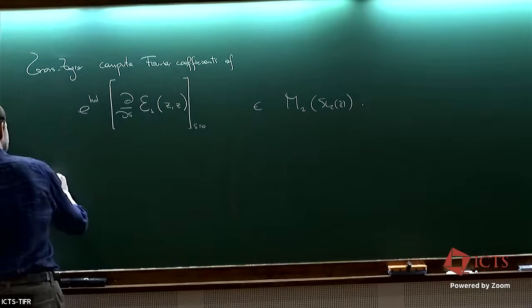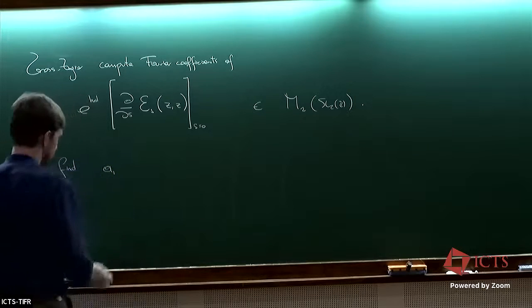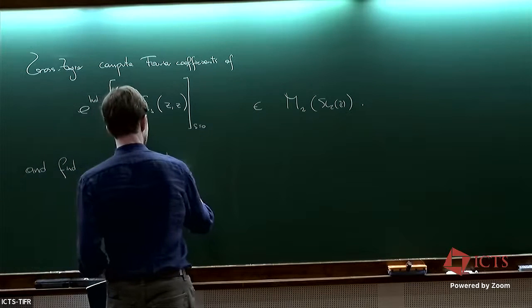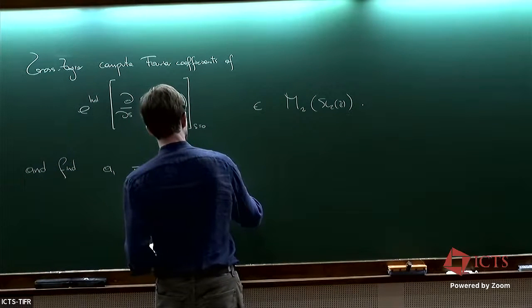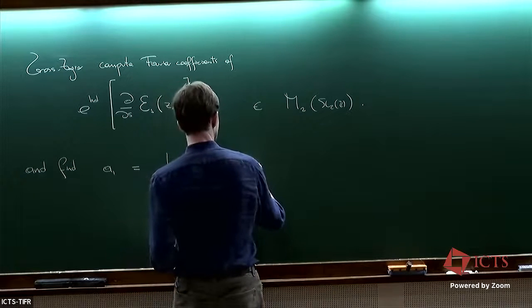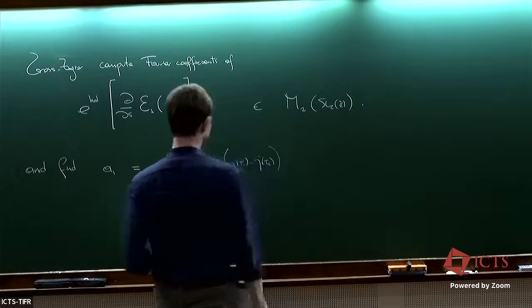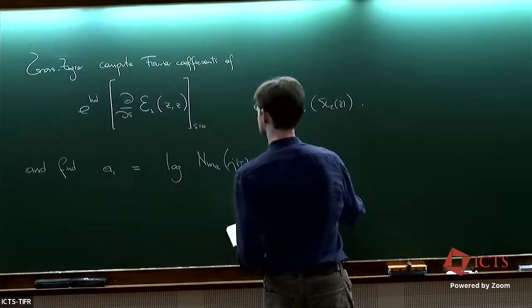And what do they find? They find an expression for all the Fourier coefficients, but the first one is very pleasant. It's actually equal to the logarithm of the norm down to Q of the difference of the two singular moduli. So exactly the quantity we wanted to prove something about, plus some error term.